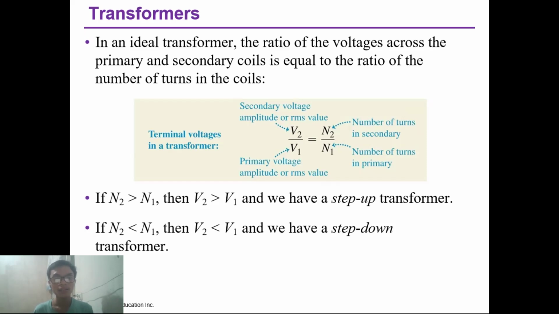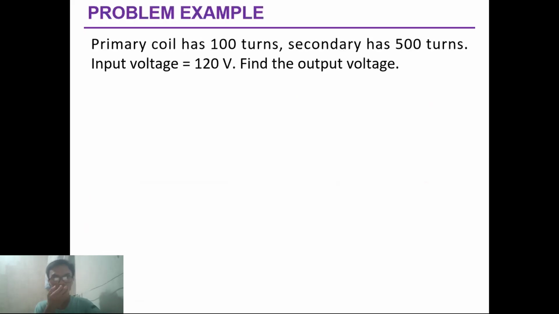If the secondary number of turns is less than the primary number of turns, we have a step-down transformer. Again, if the secondary number of turns is greater than the primary, we have a step-up transformer. But vice versa, if the primary number of turns is greater than the secondary number of turns, we have a step-down transformer. So we have here a problem example.